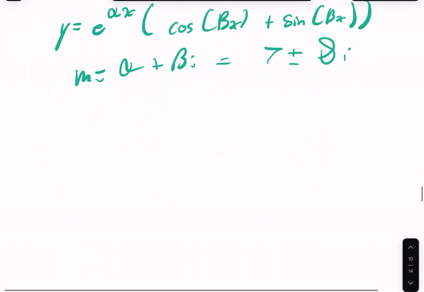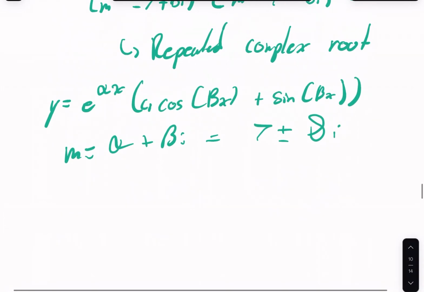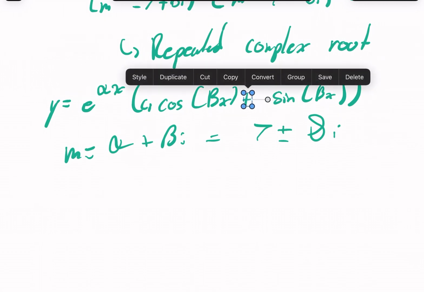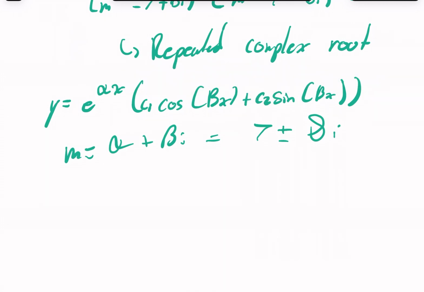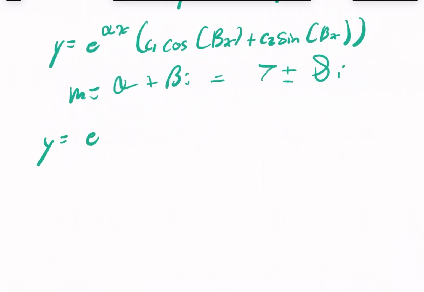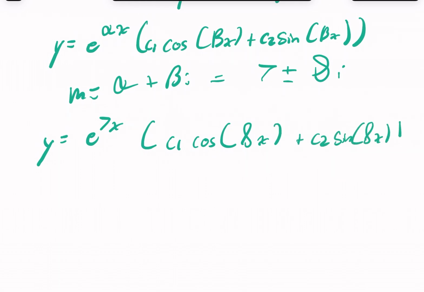Okay, so sorry, I forgot the C1 and C2. This is very important. Okay, and so we're just going to start plugging in what we know. So e to the 7x times C1 cos bx, which would be 8x, plus C2 sine 8x.